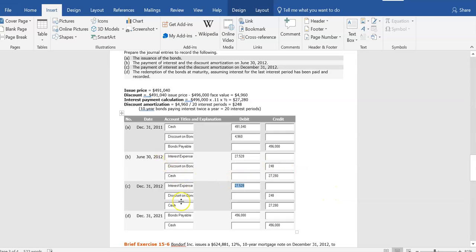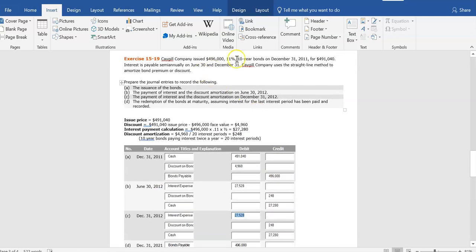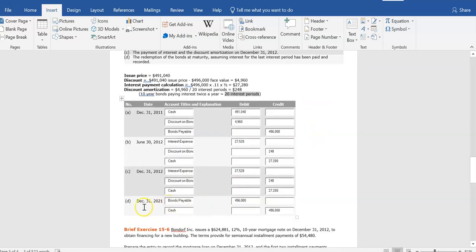And this journal entry would be recorded 20 times, every 6 months for 10 years, or 20 interest payments. When we get to the maturity of the bonds, 10 years later, after our last interest payment is made, we would pay off the bonds. The payoff of the bonds would just be a debit to the liability to pay it off, and credit cash for paying off the liability.